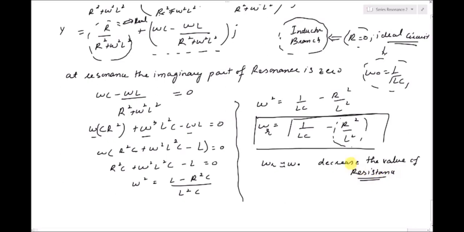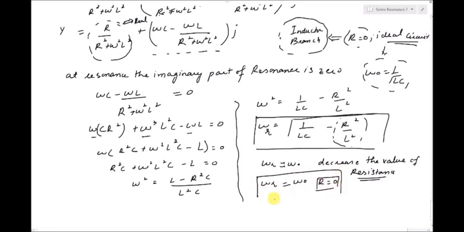So smaller the value of resistance, the real circuit will act as close as possible to the ideal parallel resonant circuit. So to make omega r equal to omega naught, R should be equal to 0.